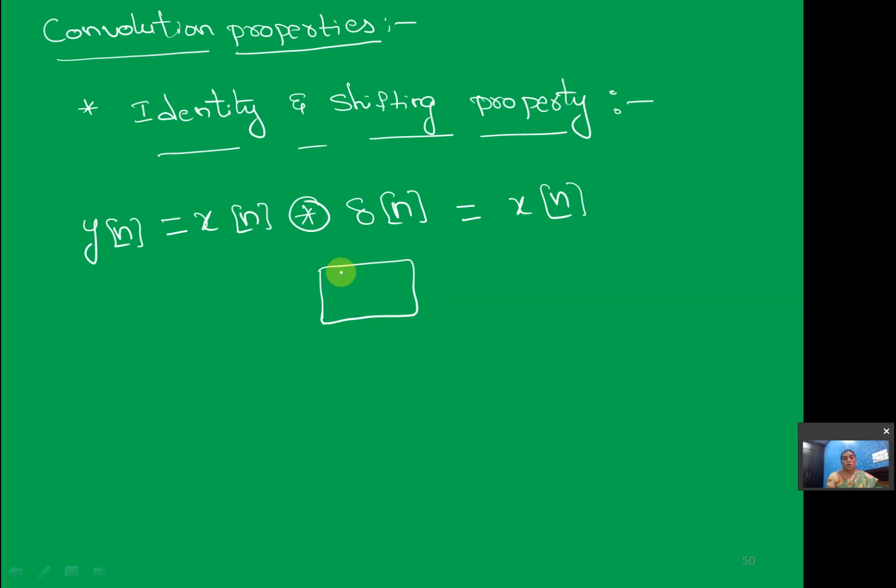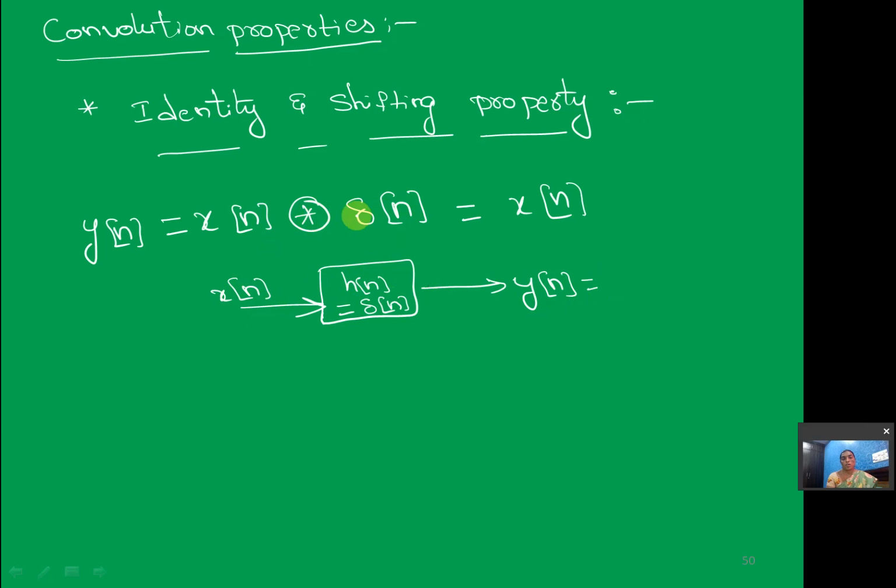Observe, here is the h of n system. If this system response is del of n, and I am taking x of n as input, then the system output y of n is x of n convolved with h of n. Here h of n is del of n.